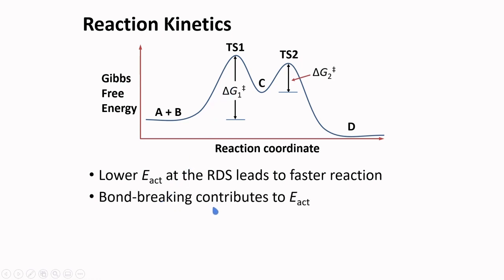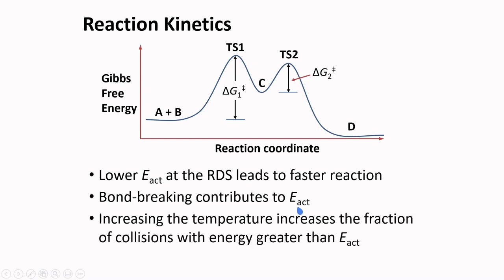Bond breaking contributes to the energy of activation. This is the reason why, in most cases, the first step is the rate determining step. In this step, the bond breaking often occurs. Increasing the temperature increases the fraction of collisions with energy greater than the energy of activation.